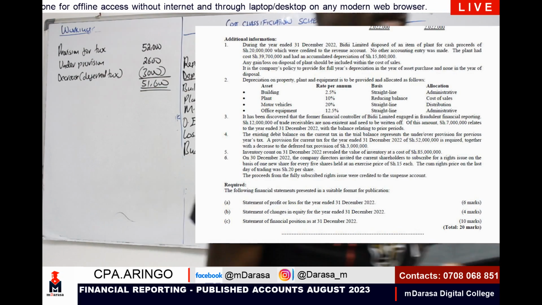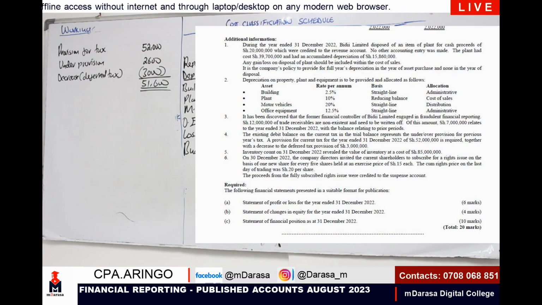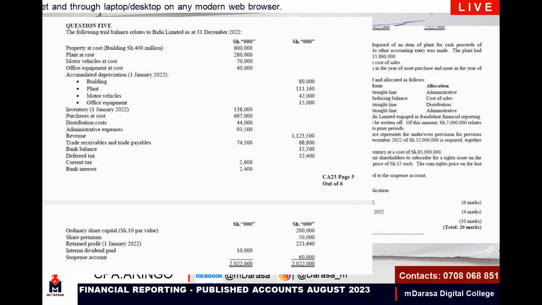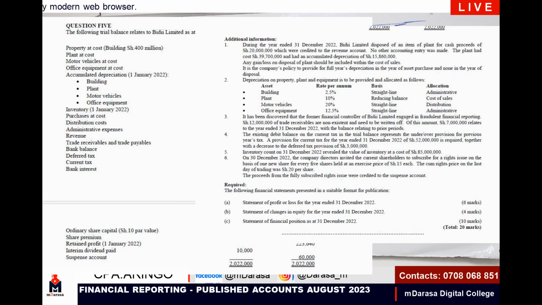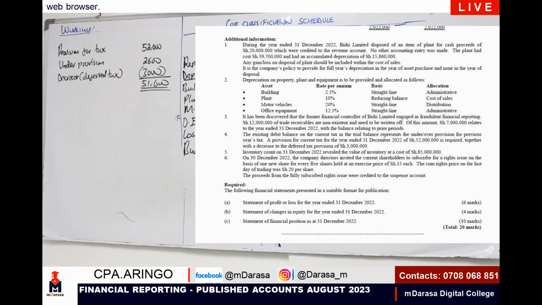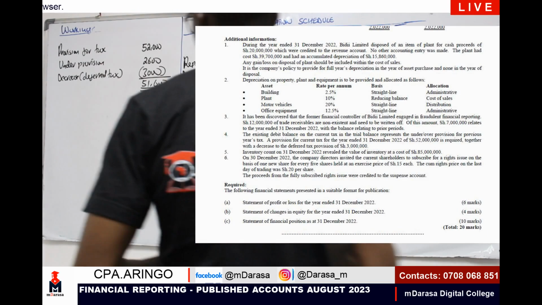And that's why our good examiner gave us our suspense account, right? Remember this suspense account that you're given here? Look at the suspense account, you're given a value of 60, right? So this will be very easy because literally I'm going to take my value here, the suspense account.